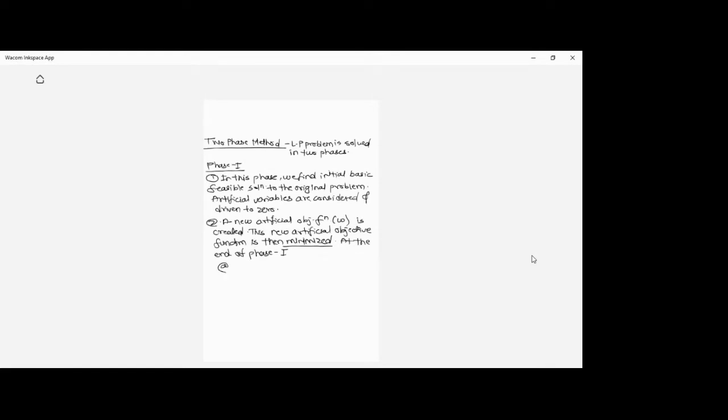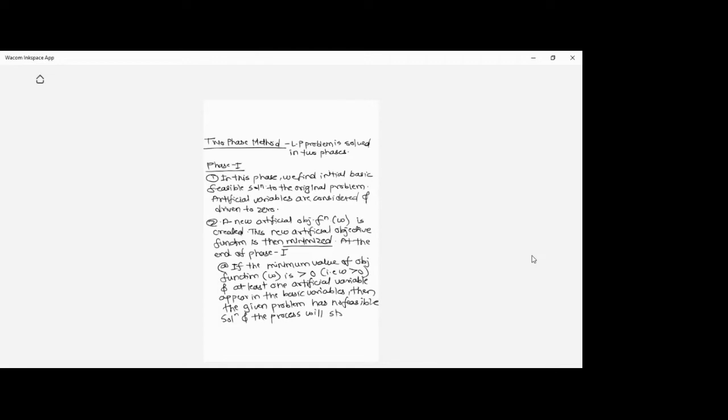So I will be writing only about case 1, that is, if the minimum value of the objective function, that is our function W, is greater than 0, and at least one artificial variable appears in the basic variables, then the given problem has no feasible solution and the process will stop.